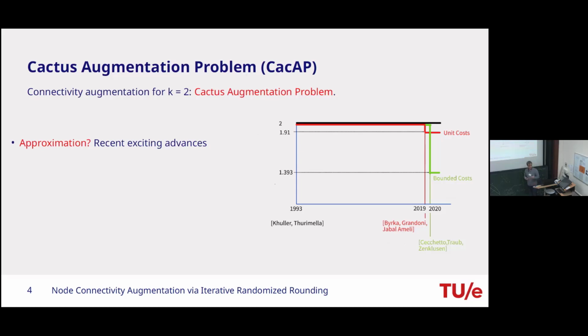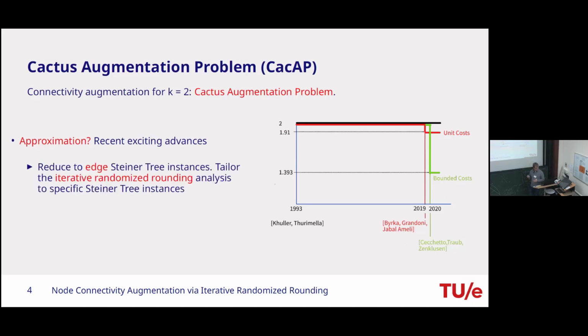What we're interested in right now is the work that was just presented by Afruz, where they reduced the problem to edge-based Steiner trees and then applied a certain Steiner tree analysis to it, tailoring the analysis to those instances of Steiner trees.